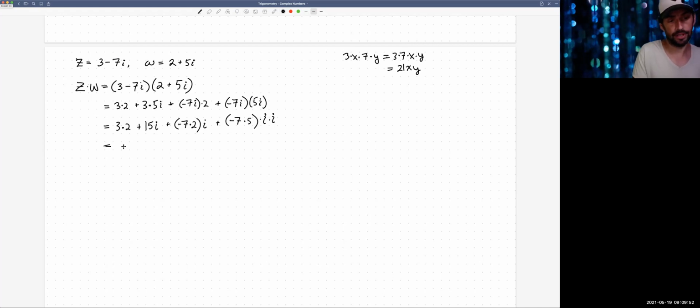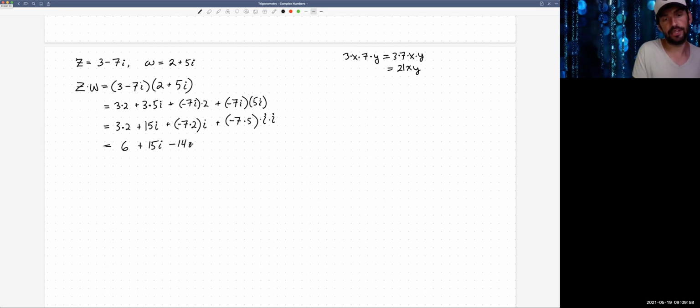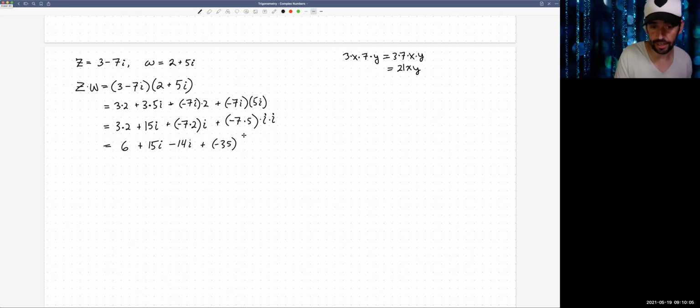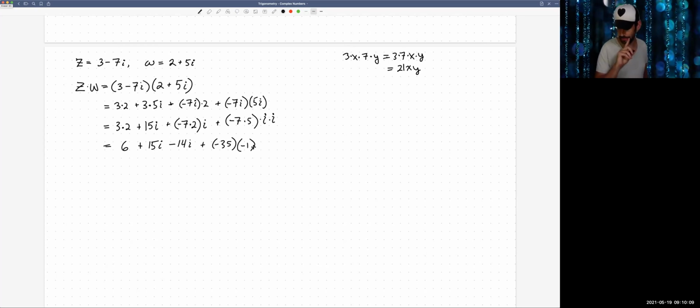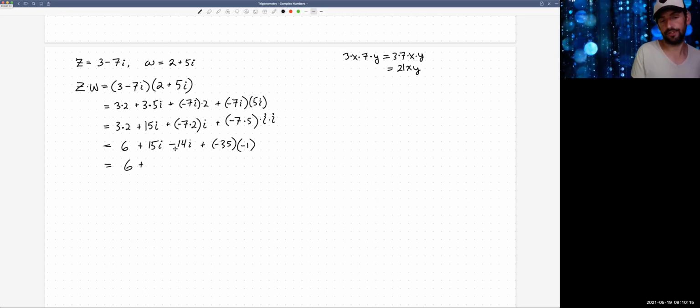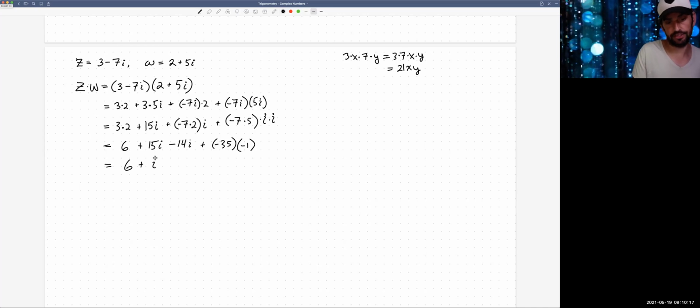What we end up with: we have 6 plus 15i minus 14i plus negative 35, and then i times i, or i squared, is negative 1. Okay, and so now, what do we have? 6 plus, well, 15i minus 14i is just i.